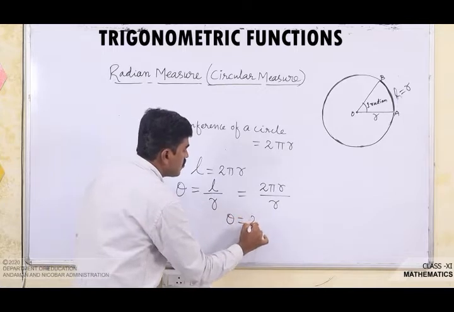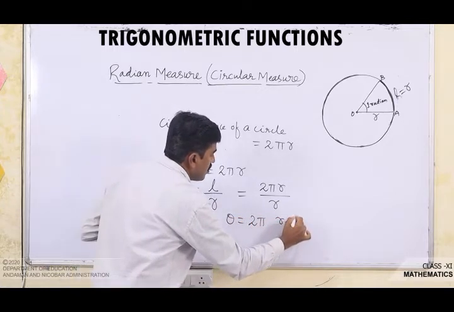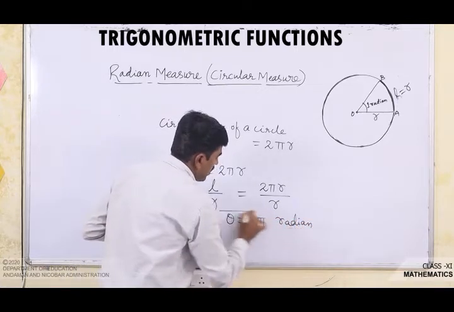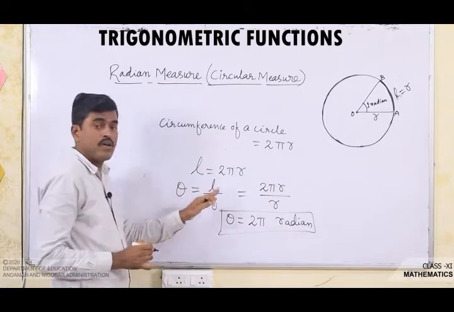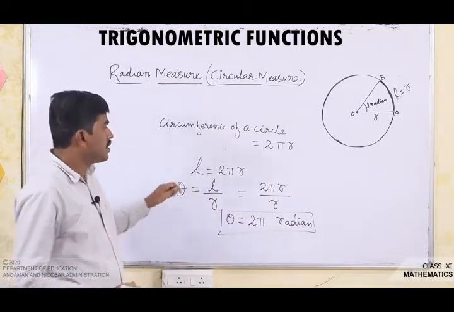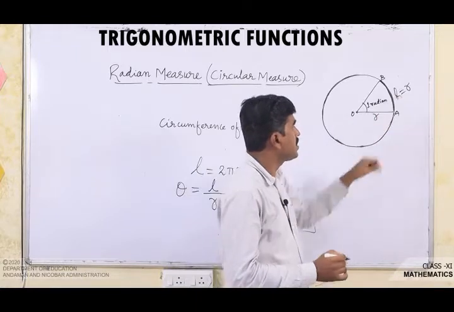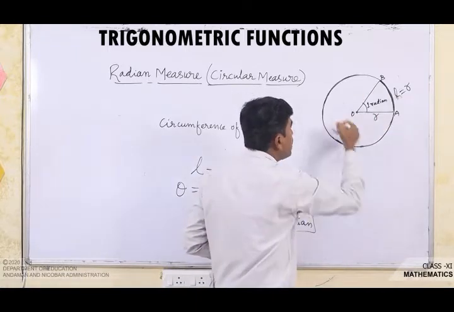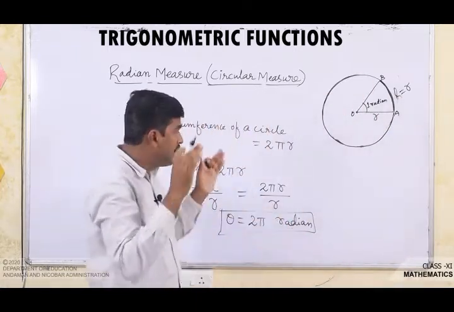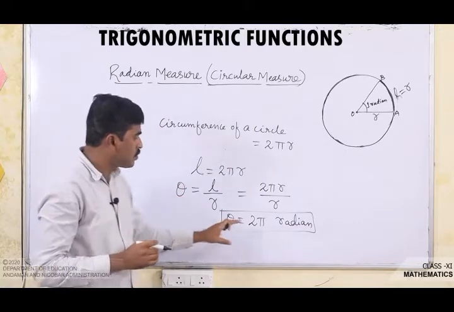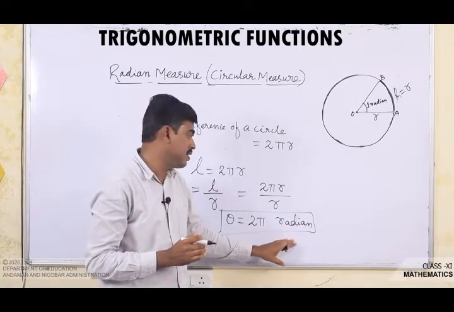So theta is equal to 2 pi radian. Always remember that in this formula theta is always in radian. That means if the length of the arc is equal to the circumference of the circle, the complete circle makes an angle of 2 pi radian at the center.